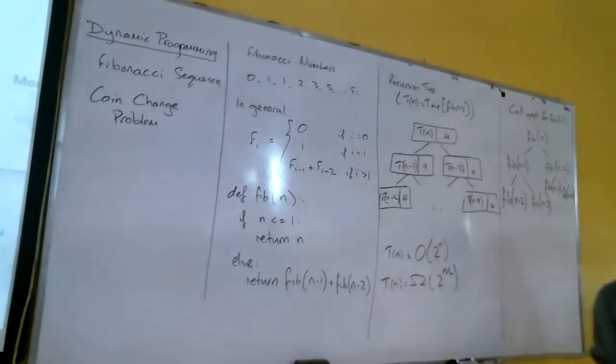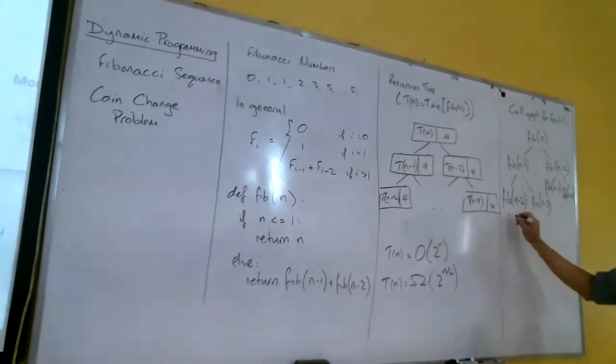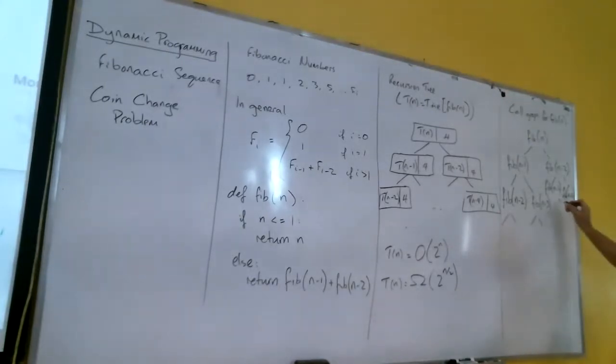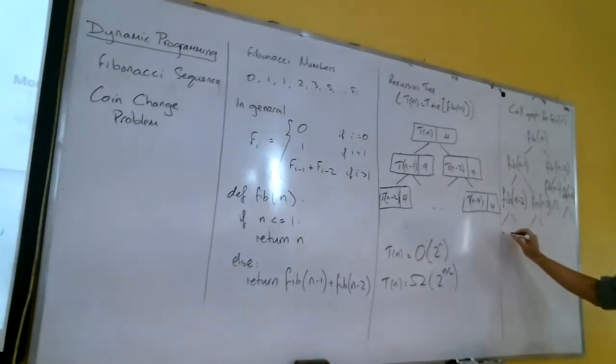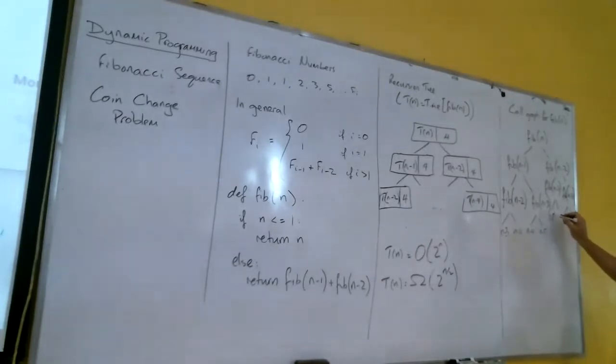Of course, these don't necessarily terminate here, but it depends on n. If n is something like 10, n minus 3 is only 7, so you still have more calls under each of these. And if I were just to examine what the arguments look like: n minus 3 here, n minus 4, n minus 4, n minus 5. Okay, and then n minus 5, n minus 6.